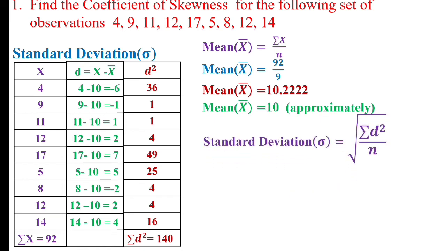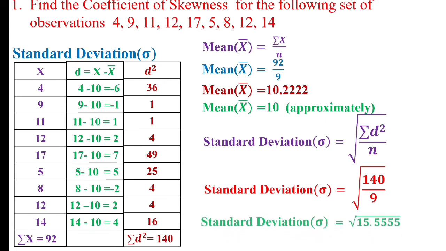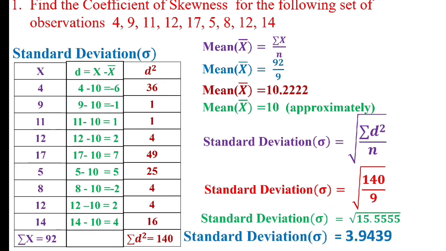The standard deviation formula is square root of summation d square divided by n. Summation d square is 140, so 140 divided by 9 gives 15.555. Square root of 15.555 is 3.9439. This is the value of the standard deviation. This we have already studied; again we are recalling it.